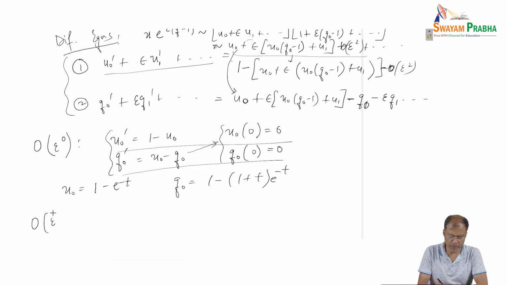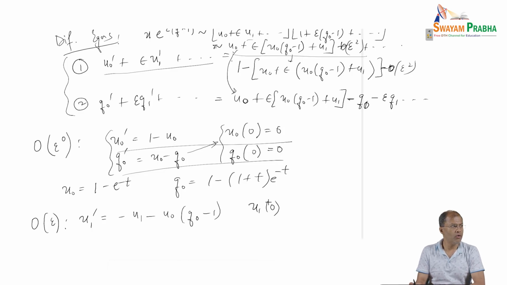Similarly, we can solve for order epsilon. We will see that the differential equations are u1 prime equal to minus u1 minus u naught times q naught minus 1, and u1 at 0. So we have to continue to solve for the order epsilon equation.